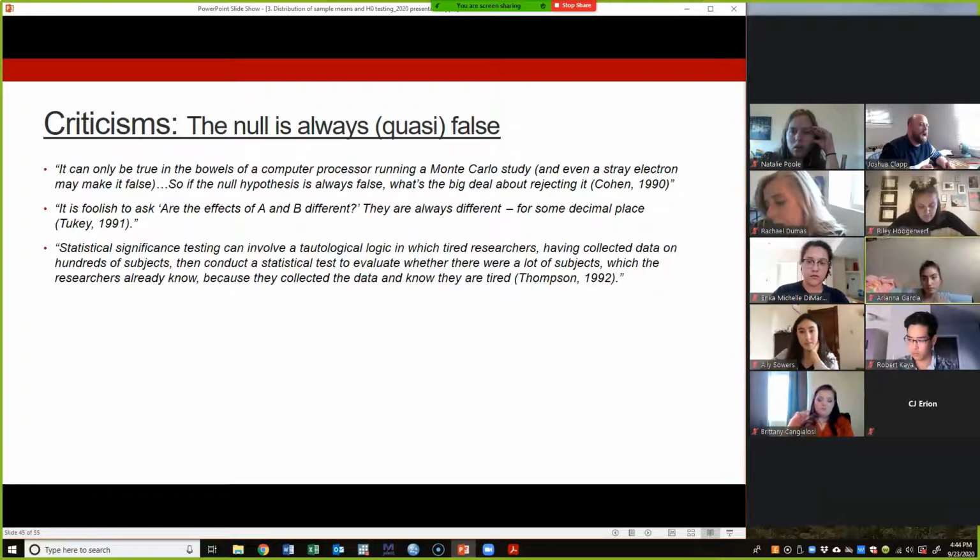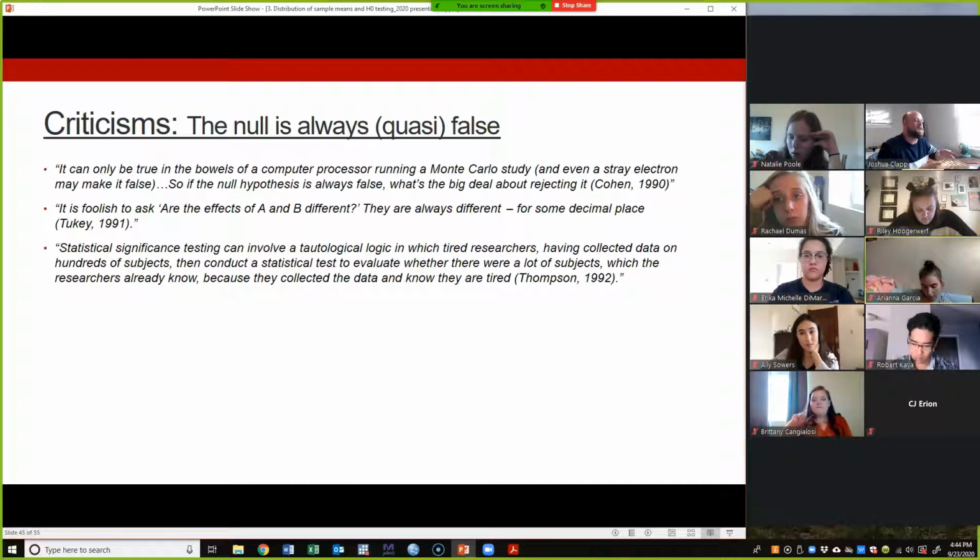No, right? And so if there's always going to be a difference, if no two populations are ever going to be identical to 1,000 decimal places, who cares if they're different? Who cares if there's a non-zero difference between these populations? And so Tukey's saying it's foolish to ask if the effects of A and B are different because they're always different to some decimal place, right?